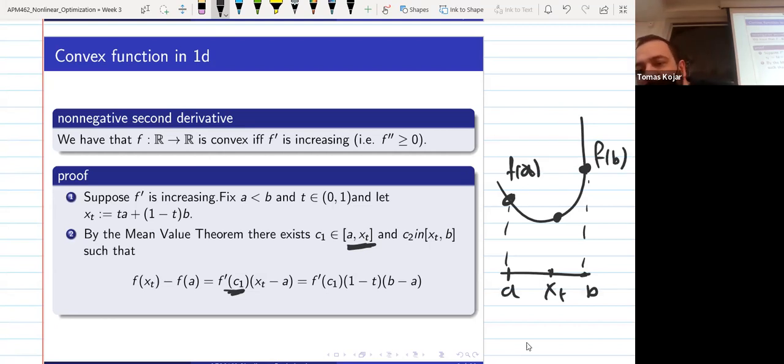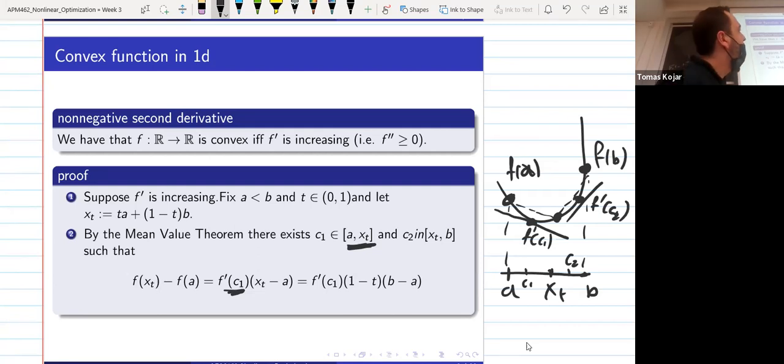So in this picture, it has to be parallel, right? So here's one tangent line, and here's the other one. F of C1. Do you understand? Shall I make the picture bigger?